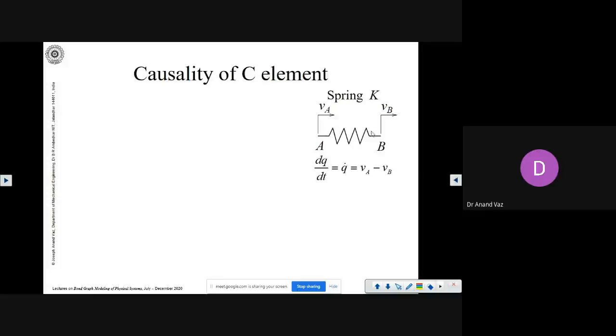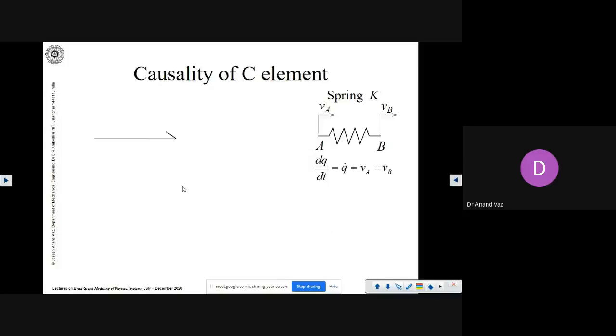And the rate at which the deformation of this spring is taking place, we can write as Q dot, which is the difference of the velocities of the two ends. So we can take this as the rate of change of generalized displacement.